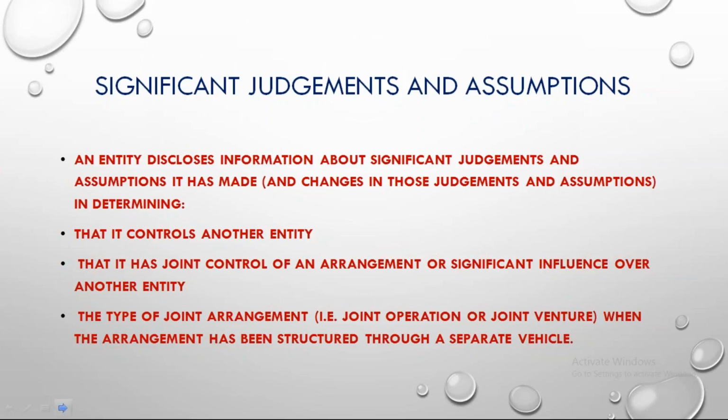With your 40%, you can make all the decisions, then you are controlling even without a 51% holding. That can happen. Right? So in that case, you must consolidate. Even though it is only 40%, you consolidate. Even though it is 30%, you consolidate. So it has control, joint control of an arrangement, or significant influence over another entity.